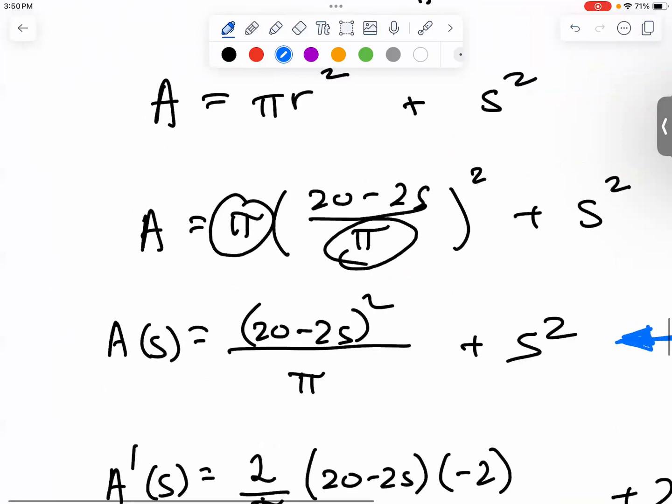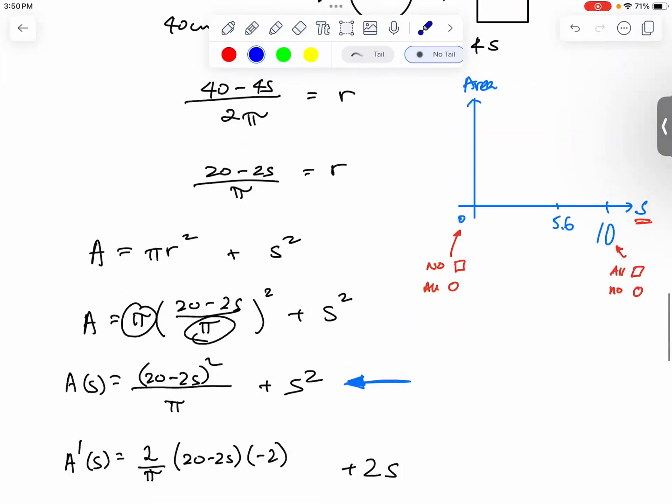So if you look carefully, this would become 4s squared, right? Positive 4s squared. This is another s squared. So that means we have a quadratic. We have a positive quadratic equation. So that means if we get a critical value, then we have a minimum at 5.6.